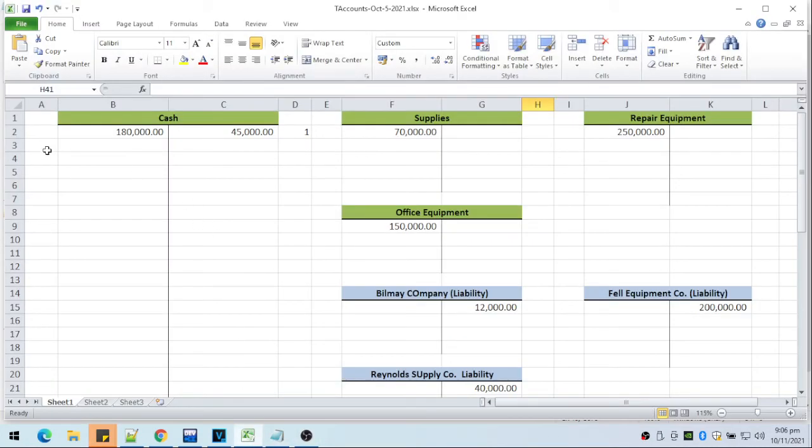So transaction number 2, 3,000. For repair equipment, it will lessen our repair equipment, so we place it on the credit side. So that's transaction number 2.